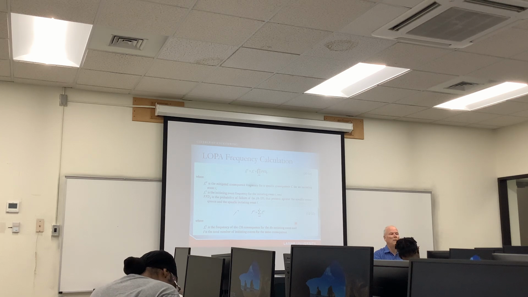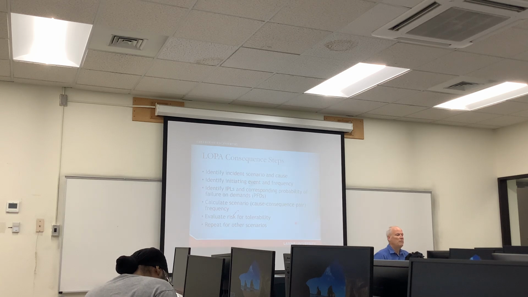You just multiply the probability of failure on demand of all of the different layers. So it's really easy to calculate. So what we need are scenarios, initiating events, IPLs, and probability of failure on demand on those IPLs.